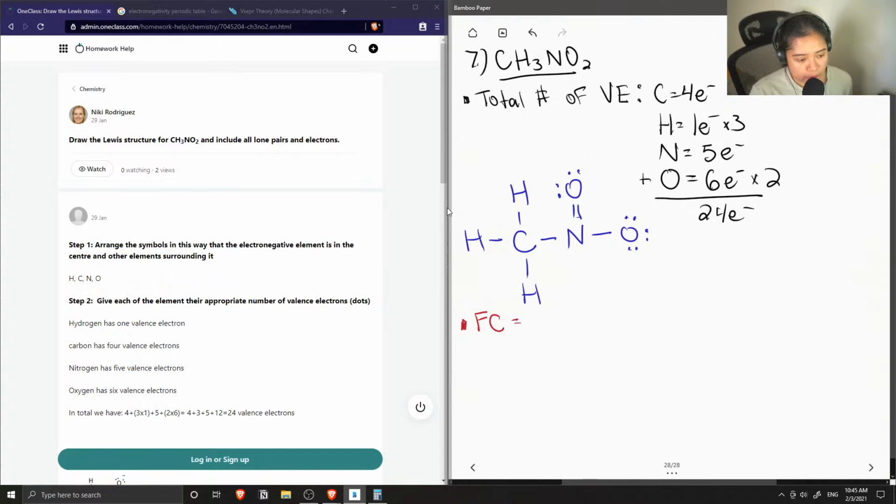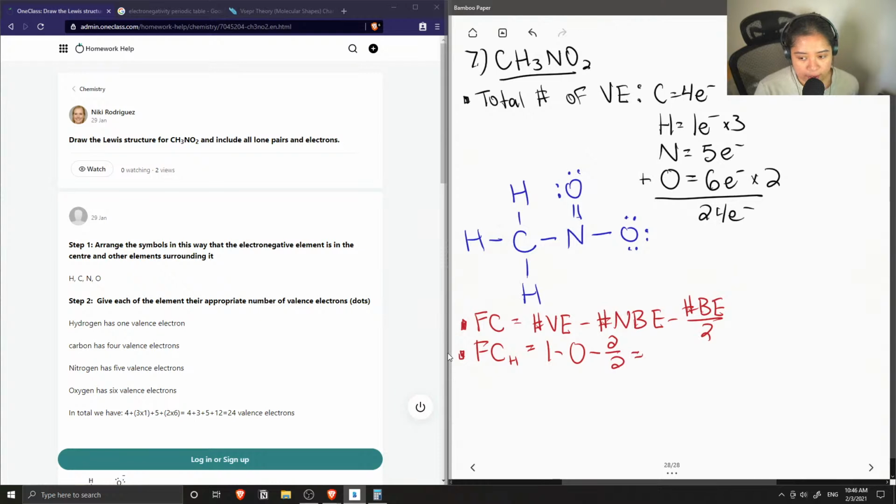The equation for formal charge is the number of valence electrons minus the number of non-bonding electrons minus the number of bonding electrons divided by 2. So let's calculate the formal charge of one of the hydrogens. Hydrogen has 1 valence electron, 0 non-bonding electrons, and all of the hydrogens just have a single bond. So each bond contains 2 bonding electrons that we divide by 2, and we get a formal charge of 0.